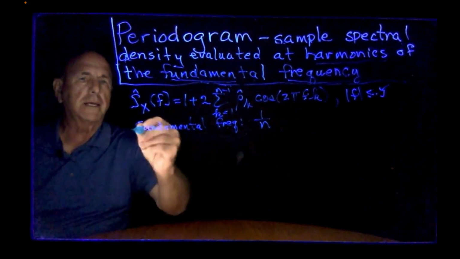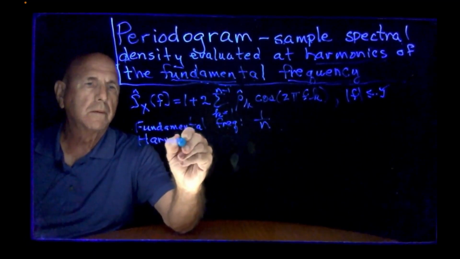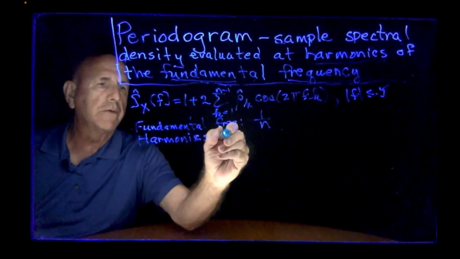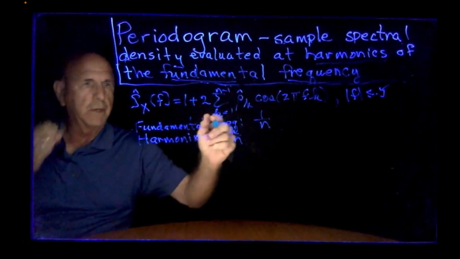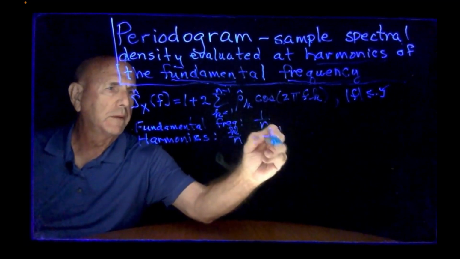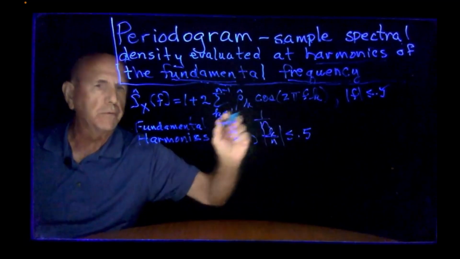And then the harmonics are k over n, where k is an integer. And we looked at harmonics for k over n less than or equal to 0.5 because of the Nyquist frequency.